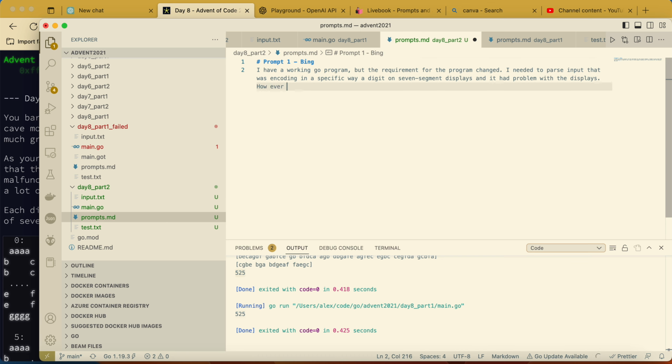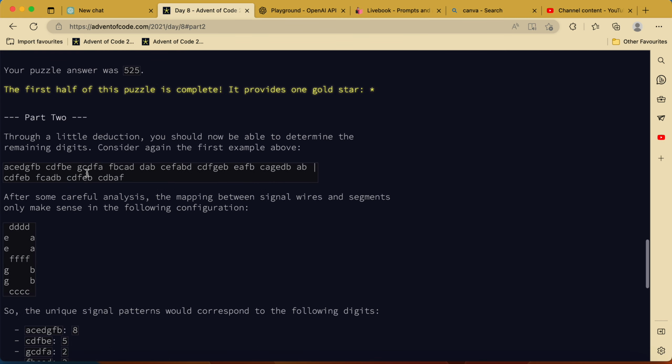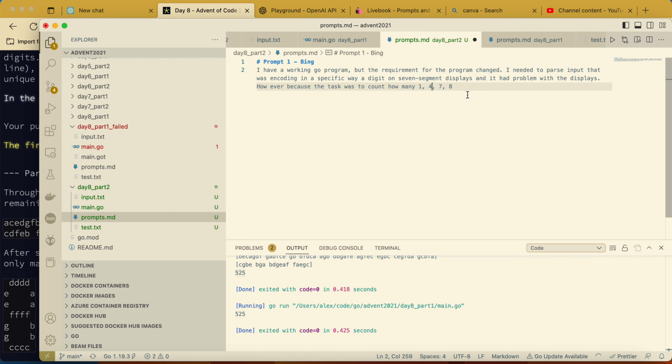However, because the task was to count how many ones, fours, sevens and eights, that is, 1, 4, 7 and 8.